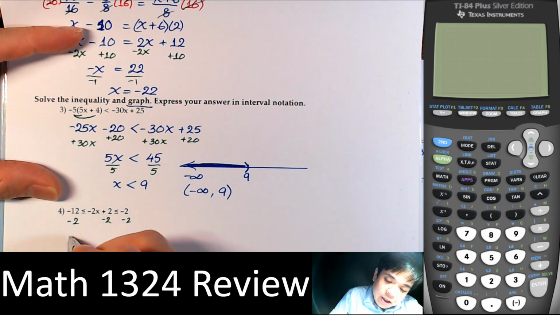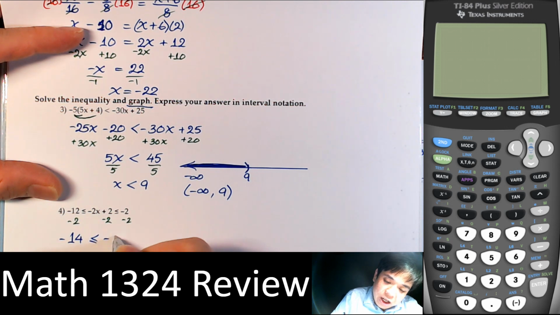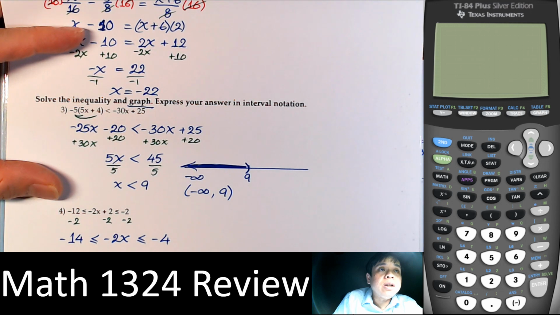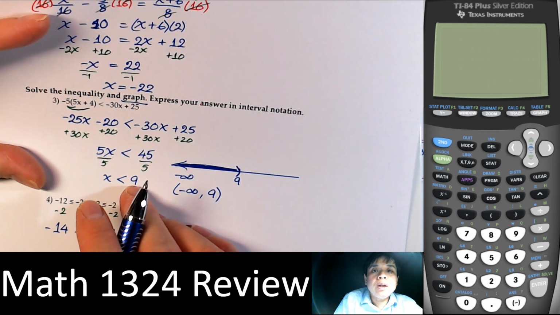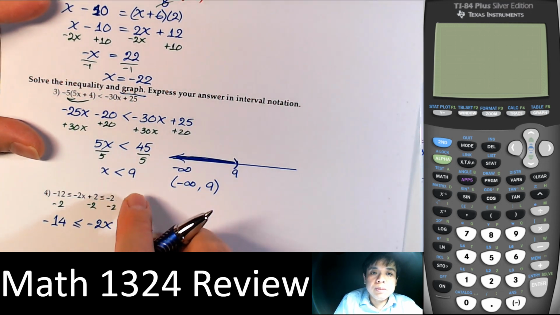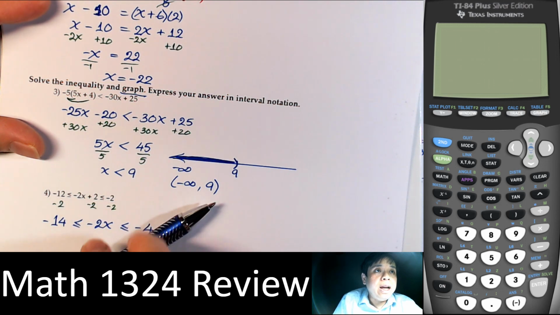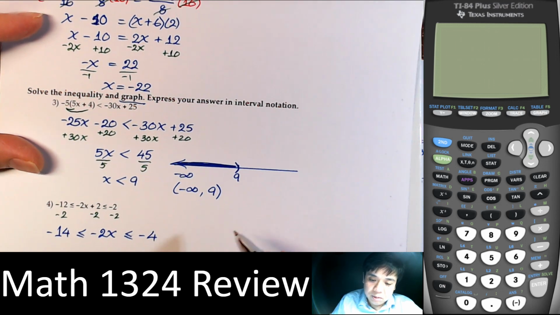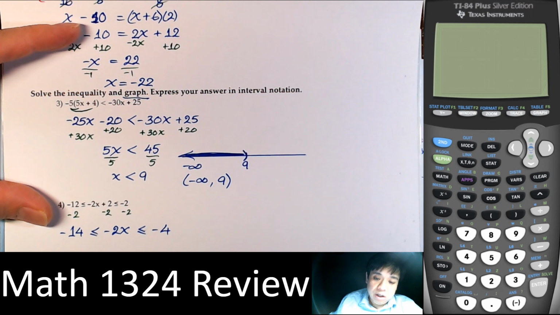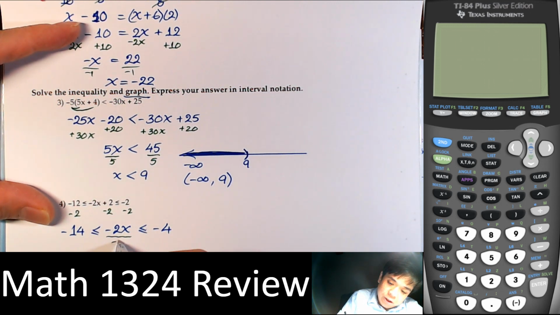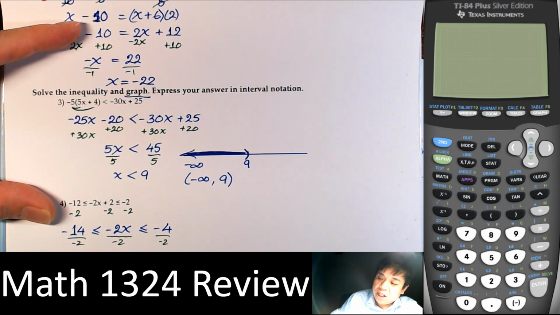So that gives us negative 14 less than or equal to negative 2x less than or equal to negative 4. And with that, we divide by negative 2 to get x by itself. x will stay in the middle.